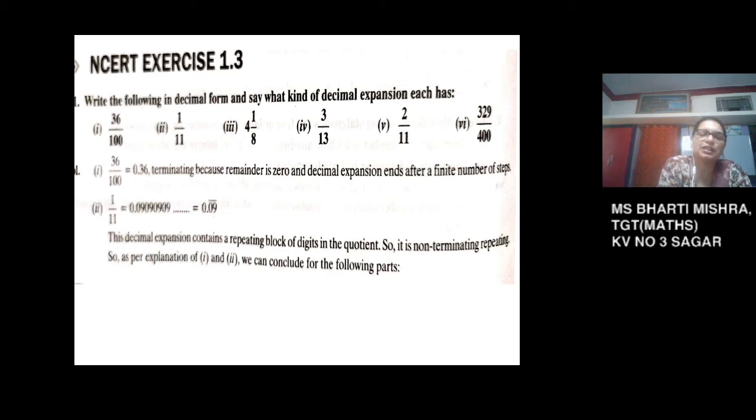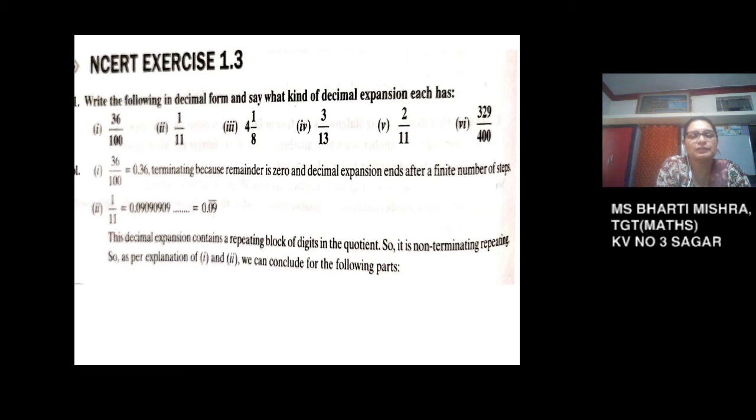Now coming to the second question, we have the number 1 upon 11. When I started the topic today, I told you how to divide and calculate the decimal expansion of a given rational number. So applying the same method, when you divide 1 by 11, here 1 is the dividend and 11 is the divisor.